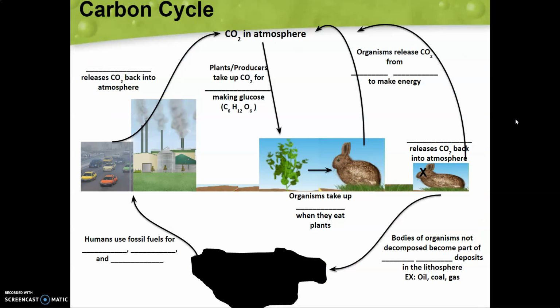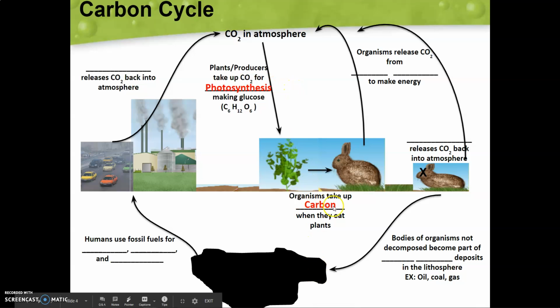So this is the part on your notes where I'm going to fill in these blanks. This is a more simple diagram that we can follow. Okay, so first off, plants and producers are taking in carbon dioxide for photosynthesis, making that glucose, that C6H12O6.